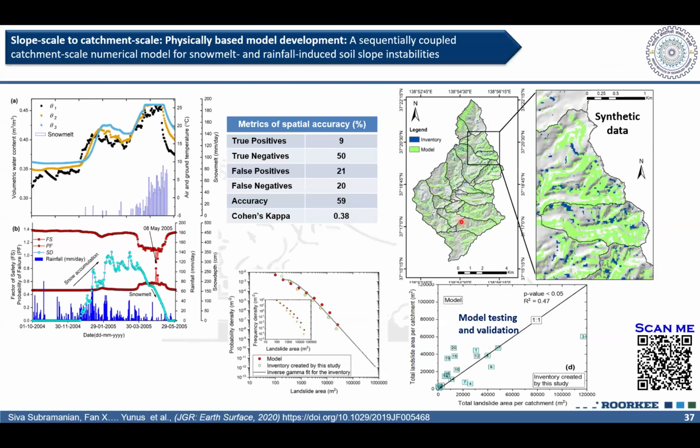The accuracy of the model when we tested it is laughable, you can see, it's 59%. So 59% is the accuracy of the model, whereas we also got only 9 true positives, many true negatives, and so many false positives. So the availability of good geotechnical data as we upscale the model from finer scale to a larger scale actually hinders the model performance.